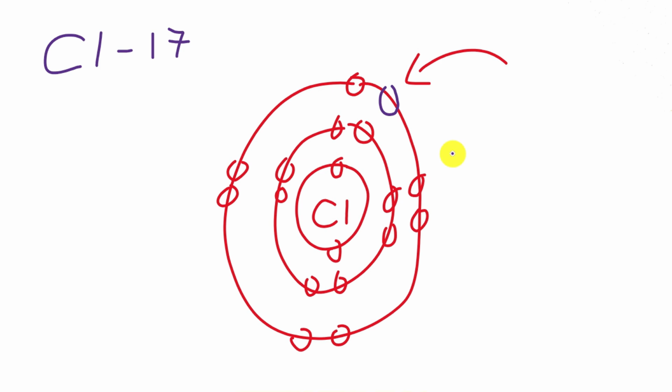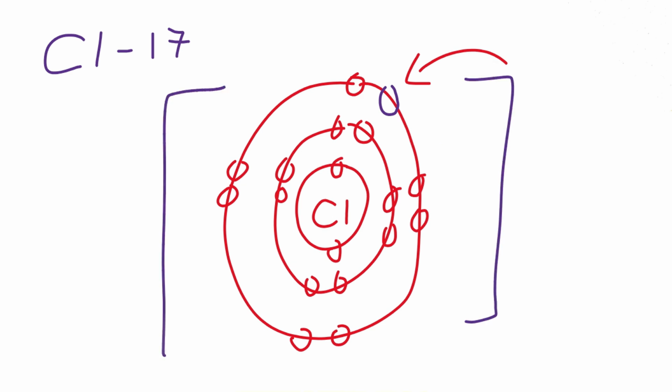So when the atom gains another extra electron, there will be an additional electron in the shells, which will outnumber the number of protons in the nucleus. As a result, it will give an electron negative charge to the atom. So, if chlorine receives one extra electron, it becomes chlorine minus, which we call chloride ion.